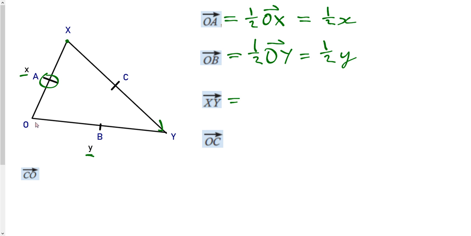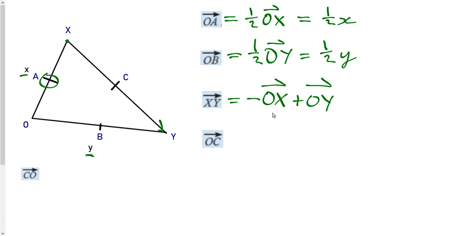So we end up with negative OX, or negative x. And then we're going to go positive in this direction. So we're going to go in a negative direction of OX, and we're going to add in a positive direction of OY.